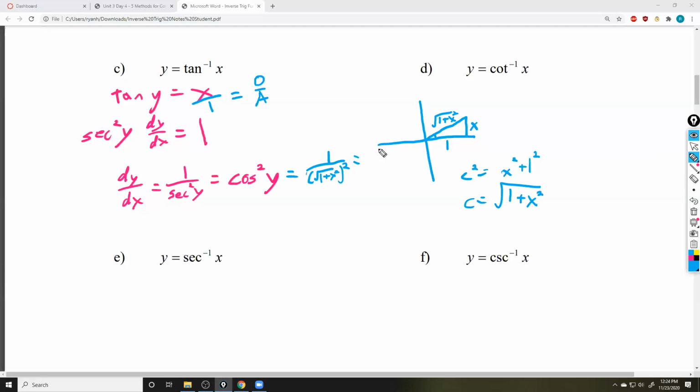And the square root of something squared is just going to be the original function. So 1 over 1 plus x squared is the rule for tangent inverse. And just like with cosine, the rule for cosine was the same as sine except for negative. The rule for cotangent is going to be the same as the rule for tangent inverse except it's negative.